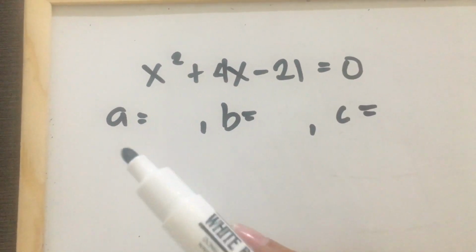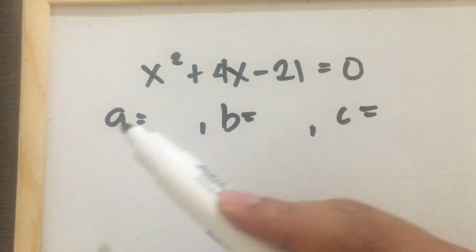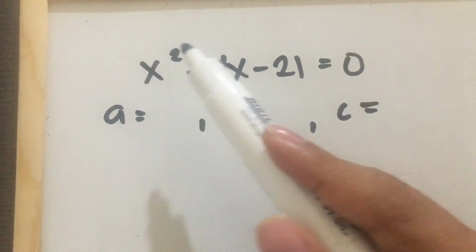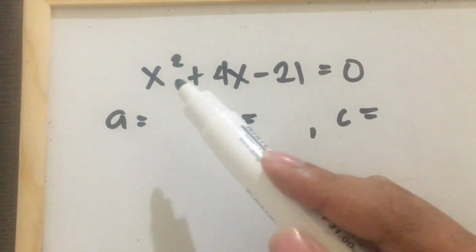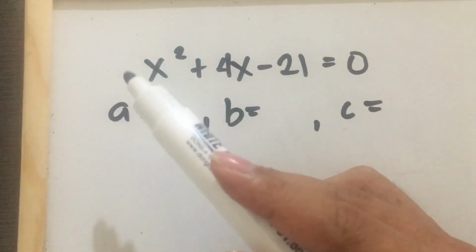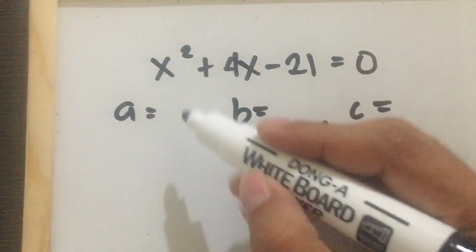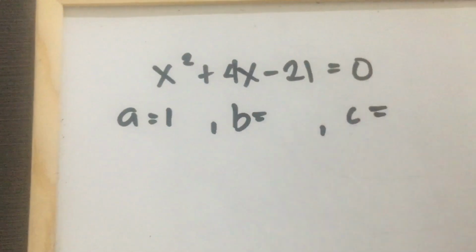Now, how to identify the a? We all know the a is the coefficient beside the variable x squared. Since there is an imaginary one beside x squared, our a is 1.